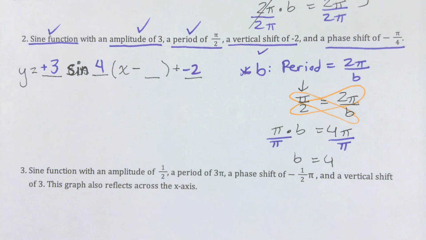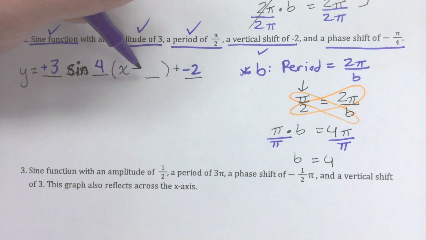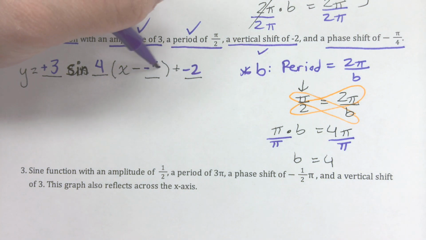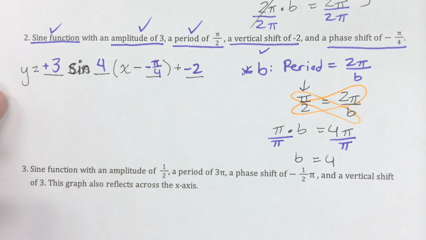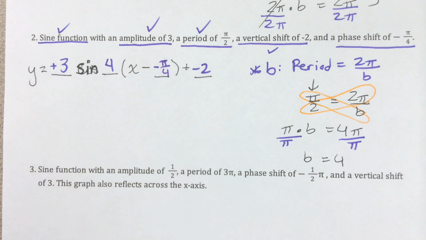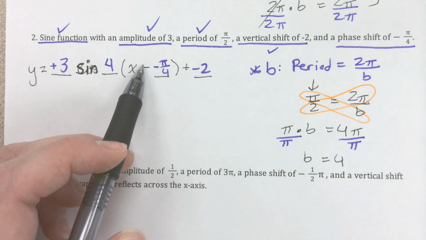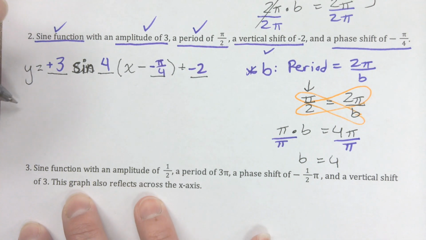And lastly, the phase shift of negative pi over 4. I have everything filled in. Now I just need to rewrite, definitely rewrite because of that minus negative in parentheses.